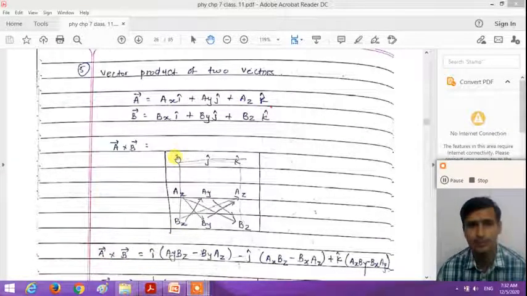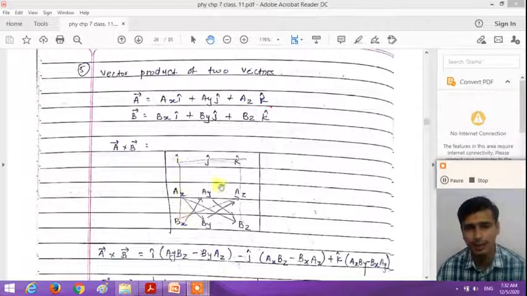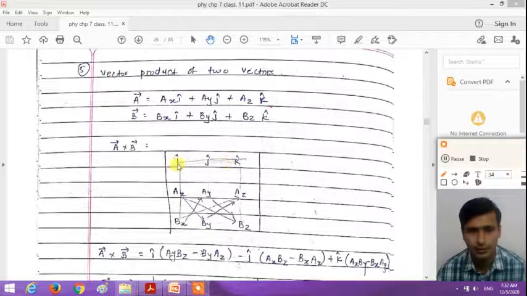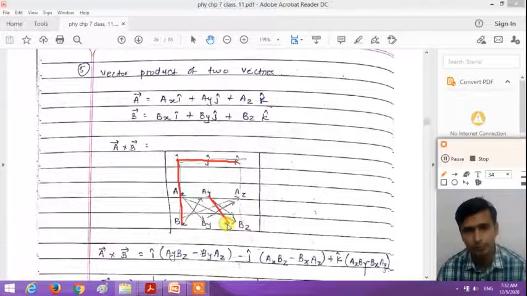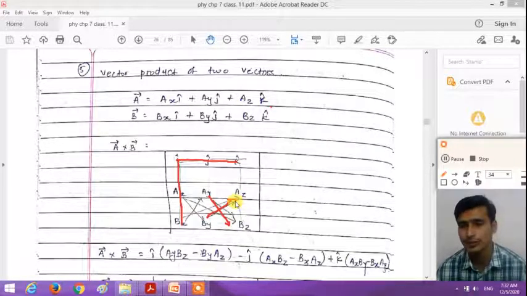Eliminate the row and column containing i, that is, the first row and first column. You get four components. From left to right, multiply AY into BZ and BY into AZ, like the cross multiplication of a standard 2 by 2 determinant.